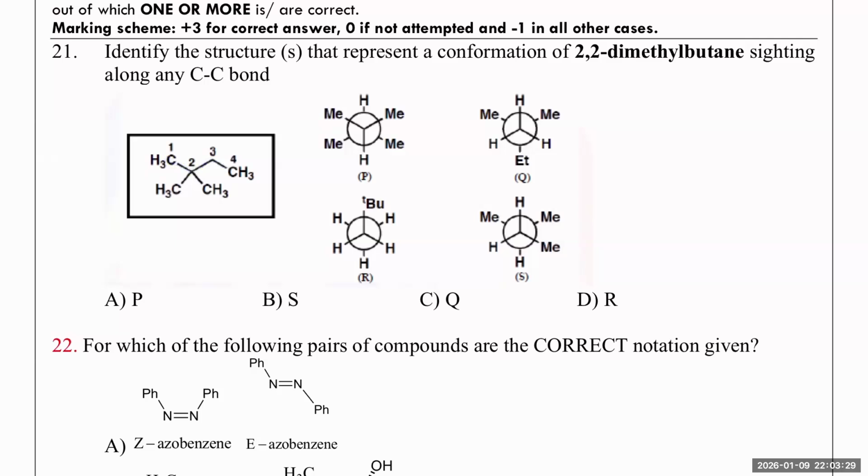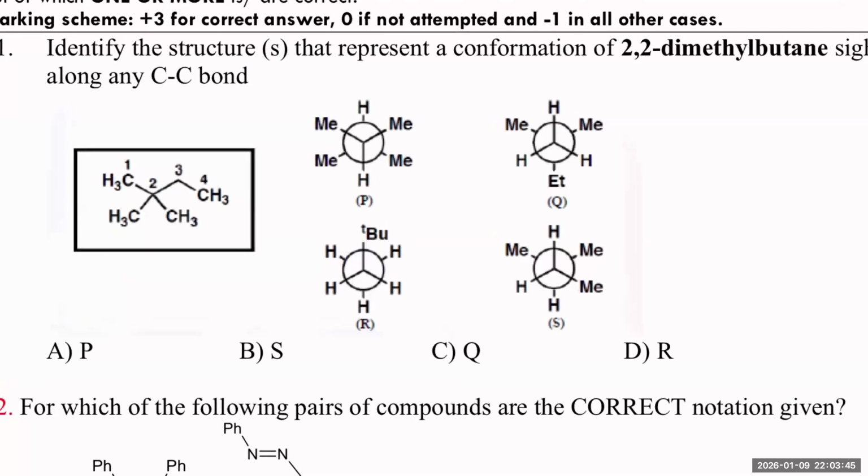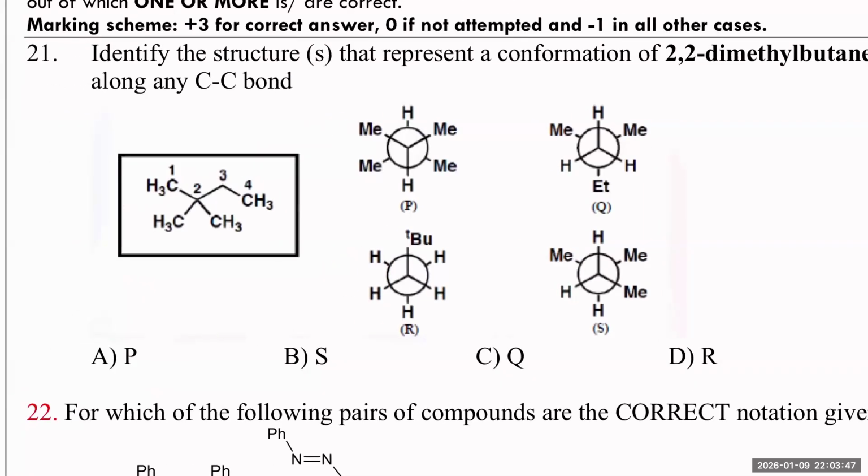Got it? So in such cases, my suggestion is to do the reverse: first take the Newman projection and try to write it into the respective Sawhorse projection.